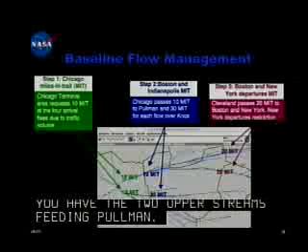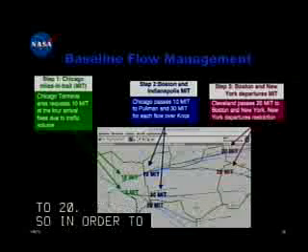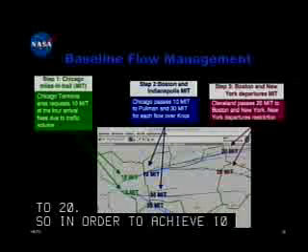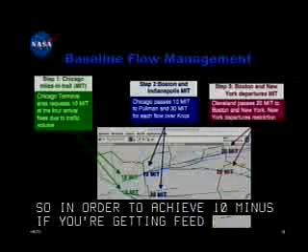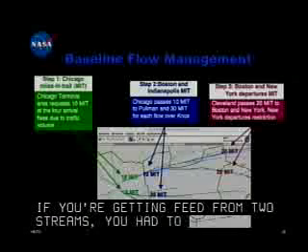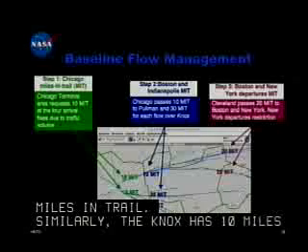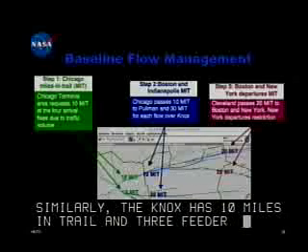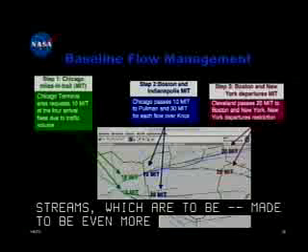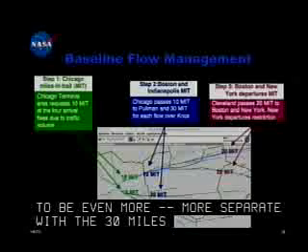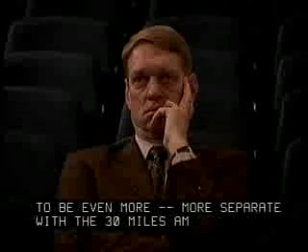So in order to achieve 10 miles in trail, if you're getting feed from two streams, you have to make them 20 miles in trail. Similarly, the lower Knox fix has 10 miles in trail and has 3 feeder streams, which have to be made to be even more separated, with 30 miles in trail. And now let me give you what this is and how much delay this results in. Next view graph, please.